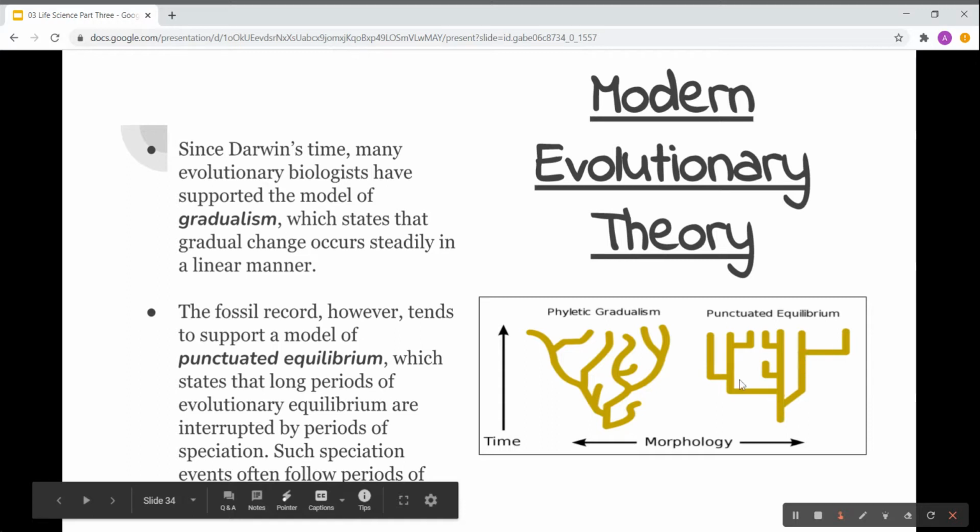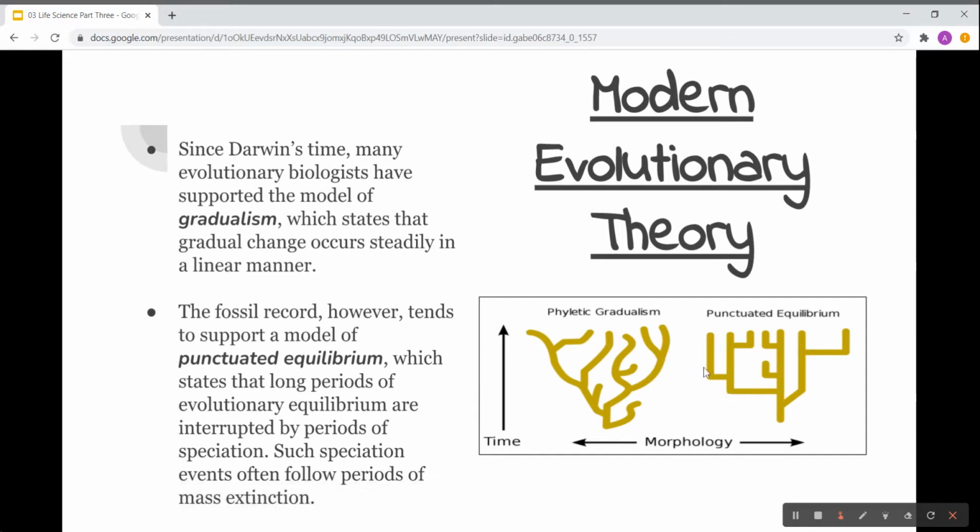Right here, another branch up, another branch up. So big changes happen here, here, and here. Here was a major one, a big split, and then it went up. These are interrupted periods. Like craters, it could be an ice age, it could be anything like that, which caused the extinction of a lot of animals.